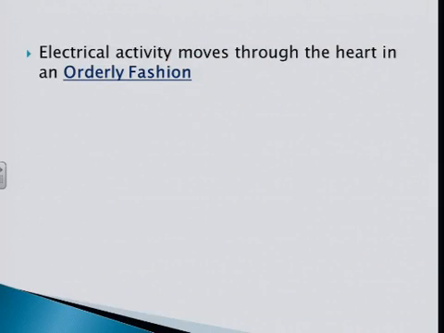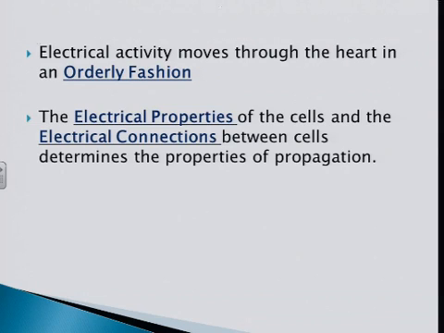Normally, electrical activity moves through the heart in an orderly fashion. You want the atrium to contract before the ventricles, and you want the ventricles to contract at the same time as each other.